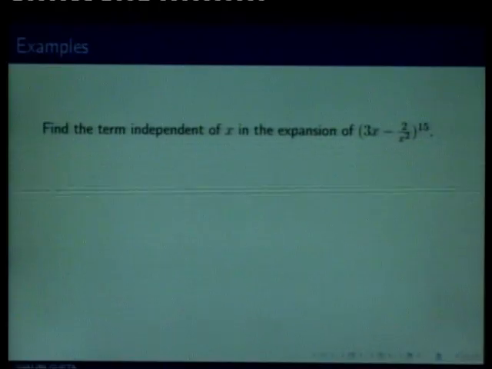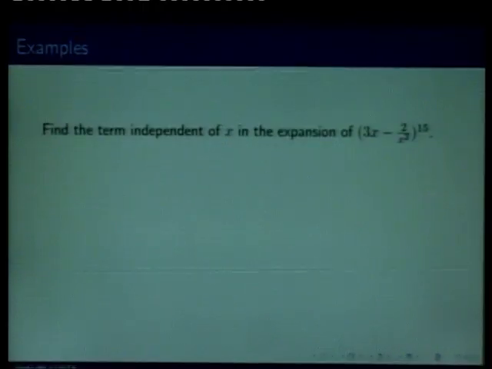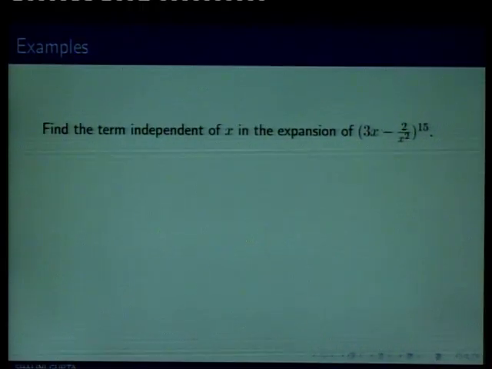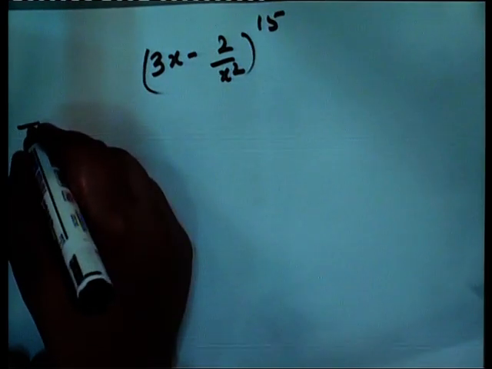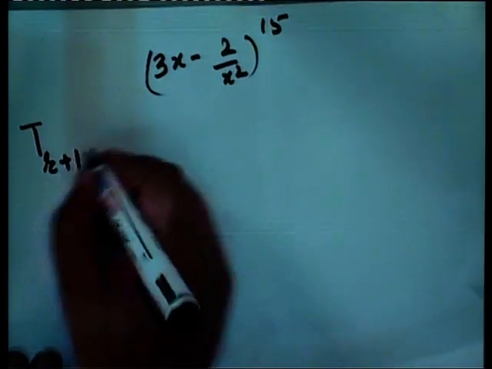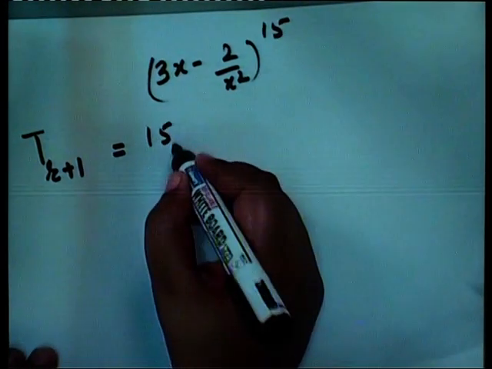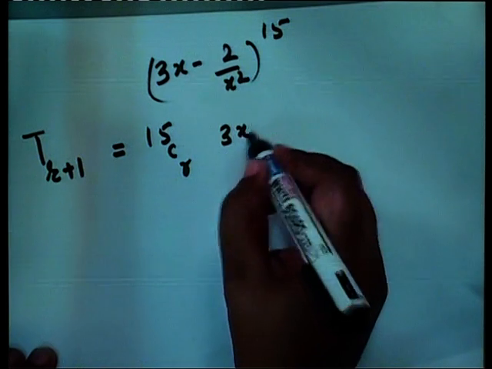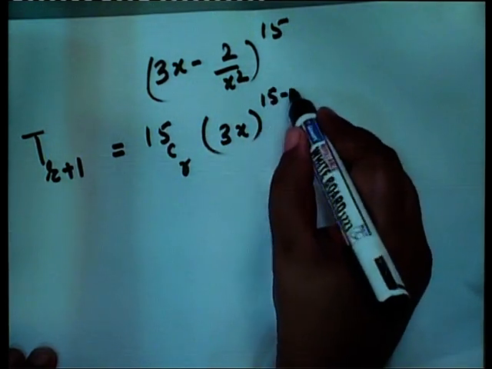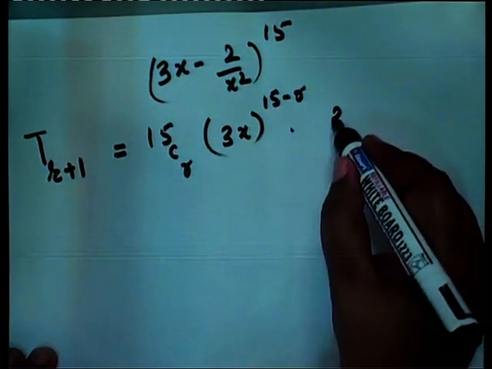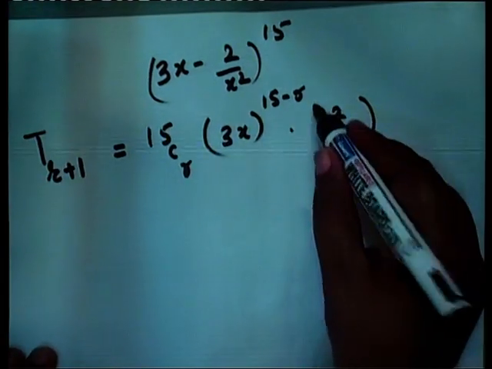So let us do one more example. Suppose I have to find the term independent of x in the expansion of (3x minus 2 upon x square) raised to power 15. So again I will compute the general term, say the (r plus 1)th term. So this will be 15Cr (3x) raised to power (15 minus r) into (2 upon x square)^r.